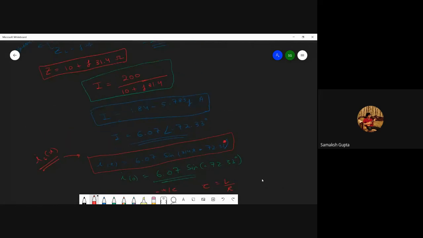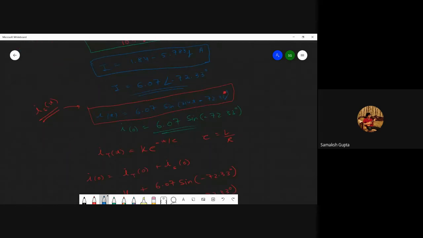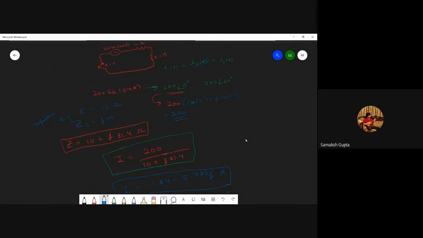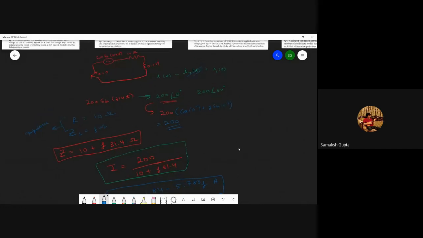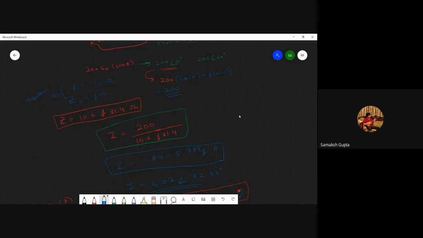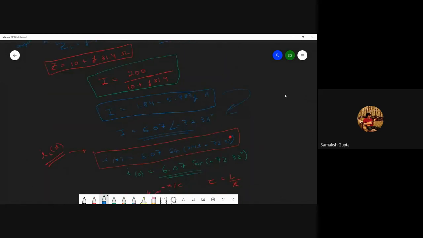But in general, if the idea is not clear, like why do we have this transient part, or what is a phasor notation, what is impedance, you can ask all that. But don't worry about these conversions too much, like how this is converted into this, because this is the way we started only.